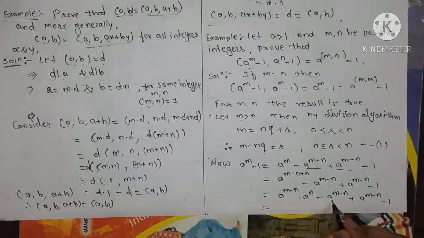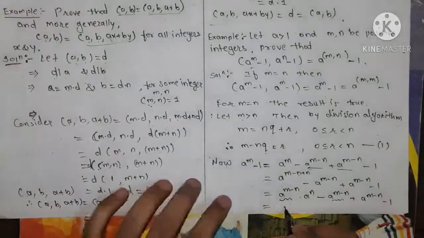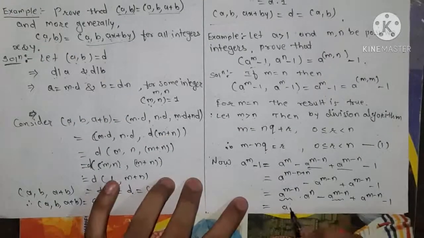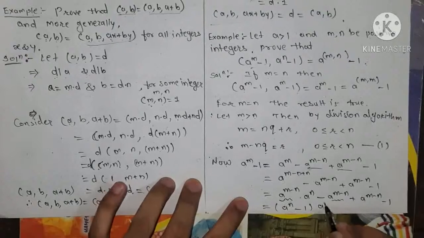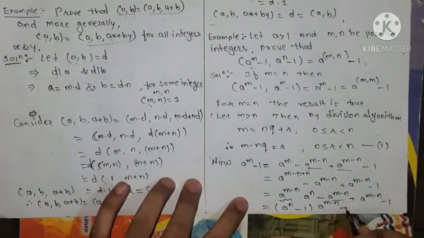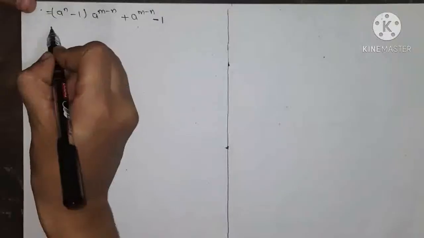Now we take the common term a to the power m minus n from these terms, so what remains is a to the power n minus 1, and we have a to the power m minus n minus 1.